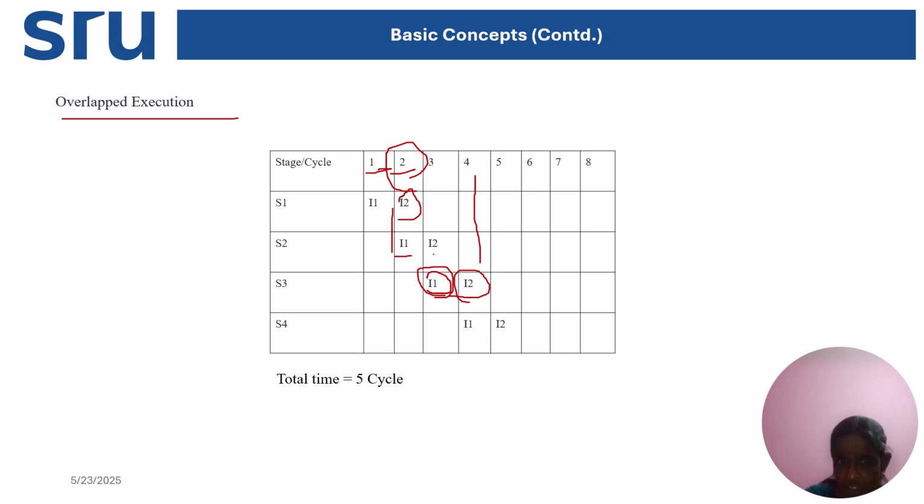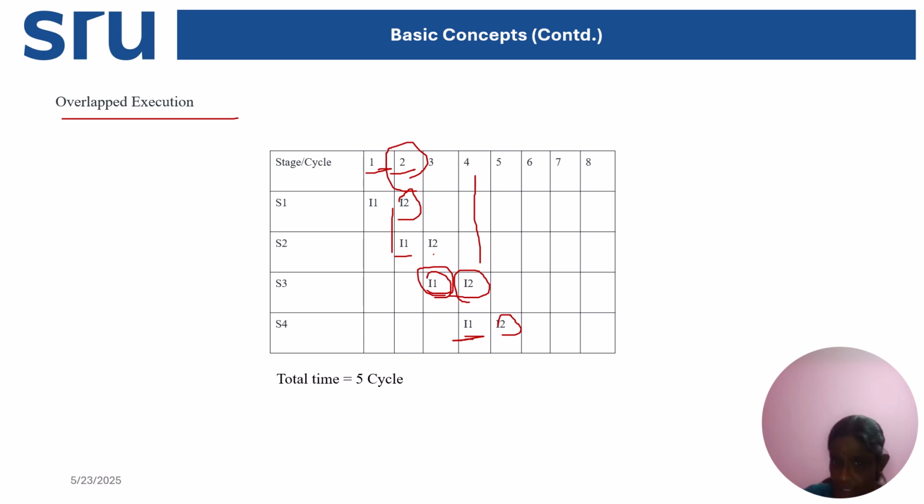Then in the fifth clock cycle, stage 4 of instruction 2 is performed, and here the 4 stages of instruction 1 are completely executed.